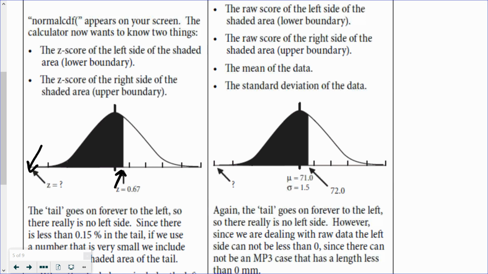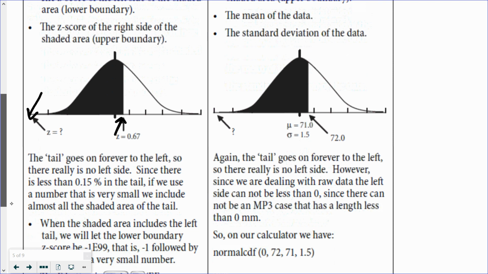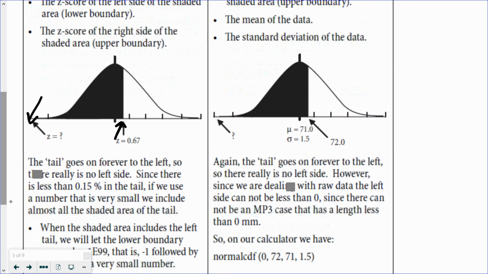So the tail goes on forever. So there really is no left side. It should keep going on. It says since there is less than 15% in the tail, it's not really a big deal. If we use a number that is very small, we will include almost all of the shaded area of the tail.